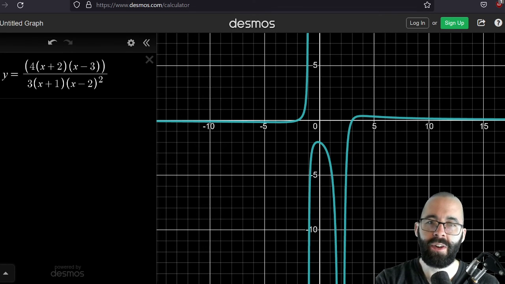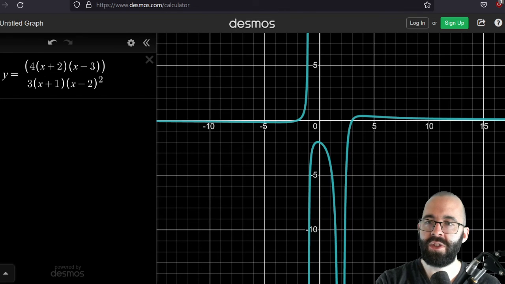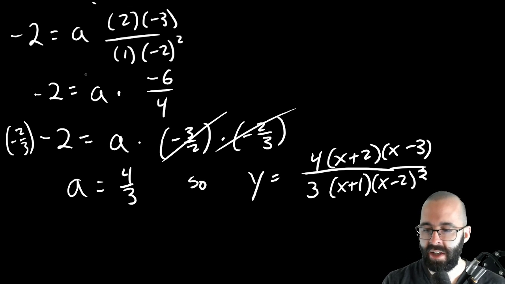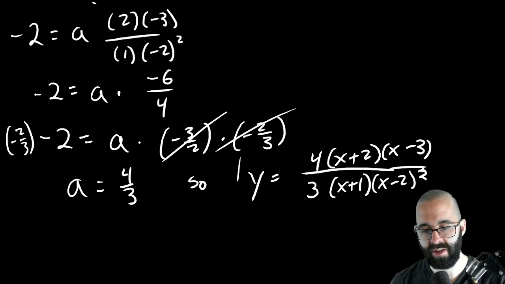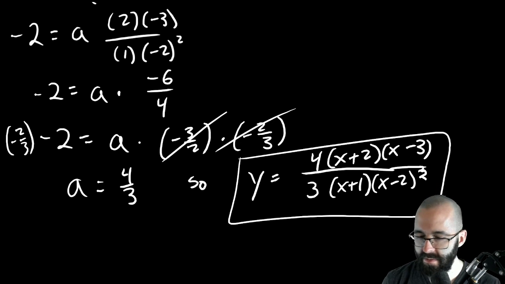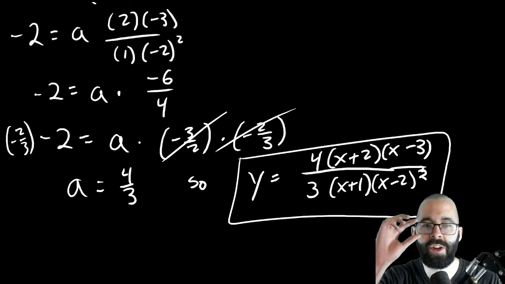But in our case, I've already written it down, so let's just make sure it's the same. Coefficient is 4/3. We've got that. x plus 2, x minus 3. We've got that. x plus 1 over x minus 2 squared. We've got that. You'll want to graph this and compare it to the graph that's been given to you and make sure it has everything you need. We'll do another one of these in the selected homework problems video, but this should be enough to get you started. Good luck and let me know if you have questions.